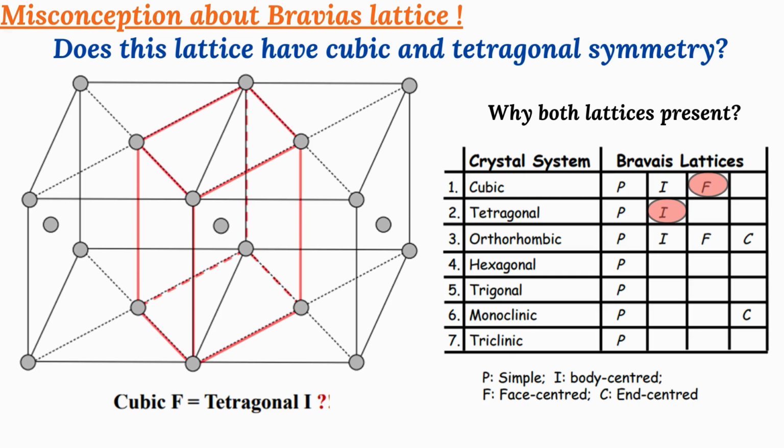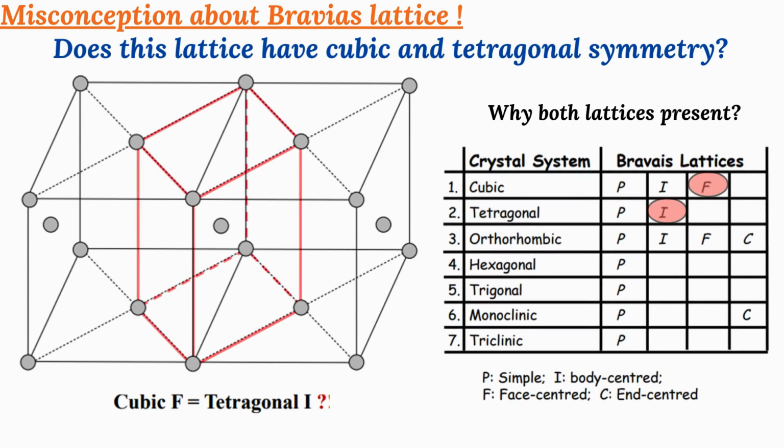But you can see here the fourfold symmetry of the C axis is very well present in the body-centered tetragonal. Similarly, you can also see that the face-centered lattice also gives the 4 axes of threefold symmetry. Because of that, both the face-centered cubic as well as the body-centered tetragonal are present.